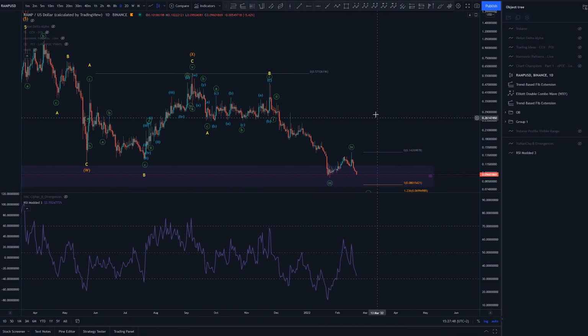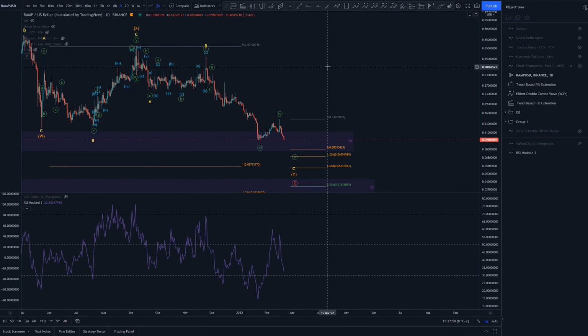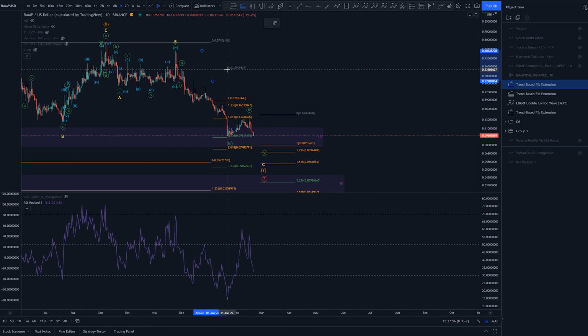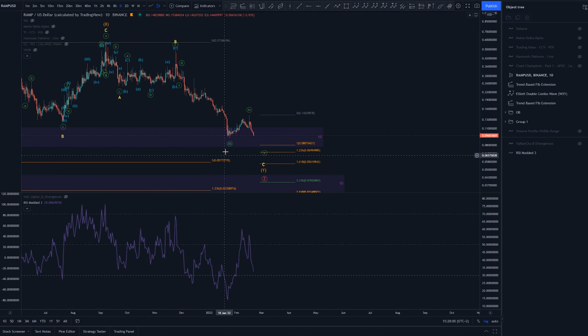So I really doubt this is going to hold, as this third wave is already extended. It's past the 1.618.